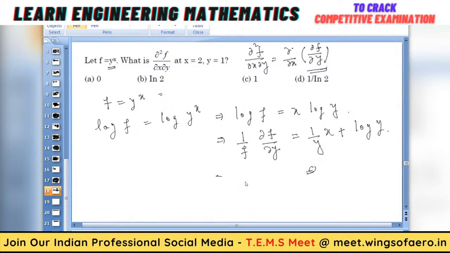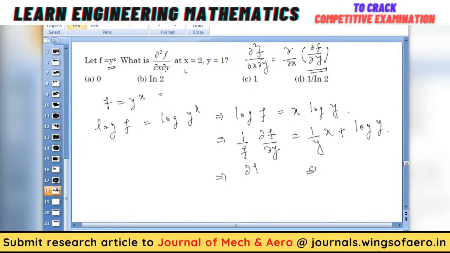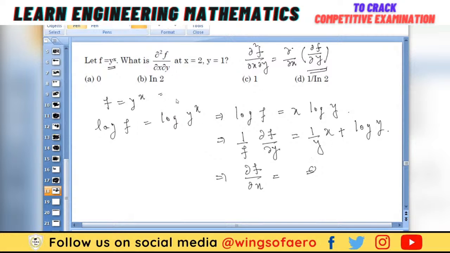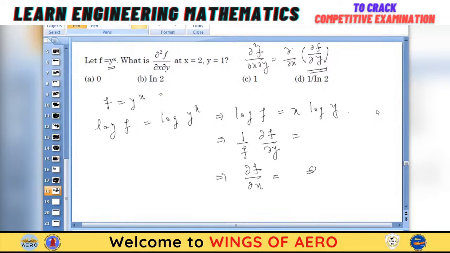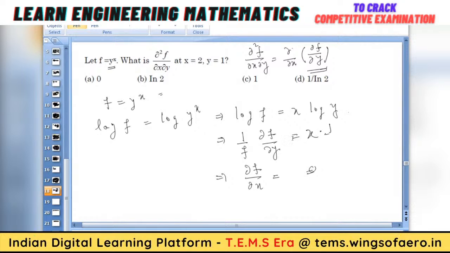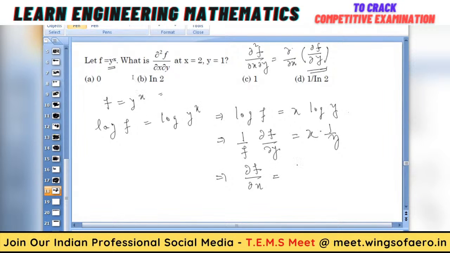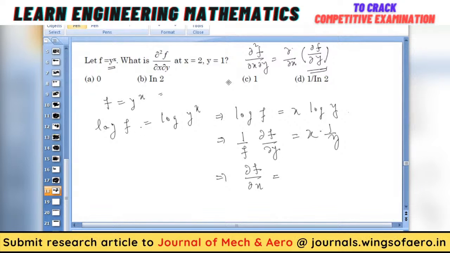Okay, so del f del y, sorry, when x becomes constant, it becomes exactly zero. I just made a mistake. Y means it is x only, 1 by y. So del f del y becomes f, and f means y to the power x.